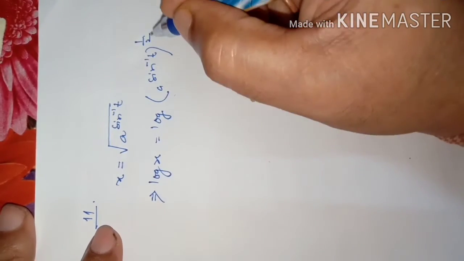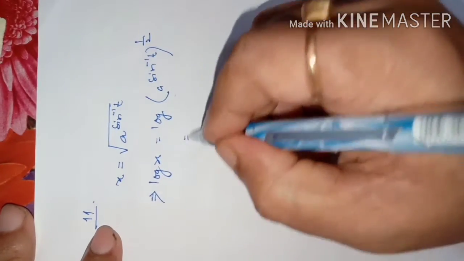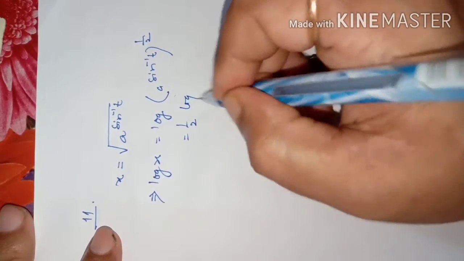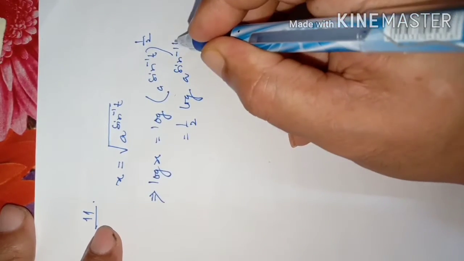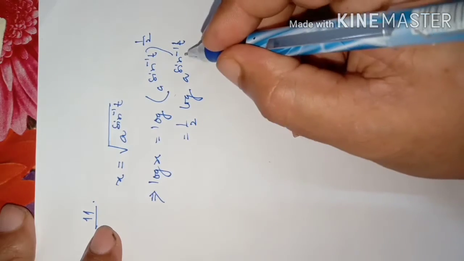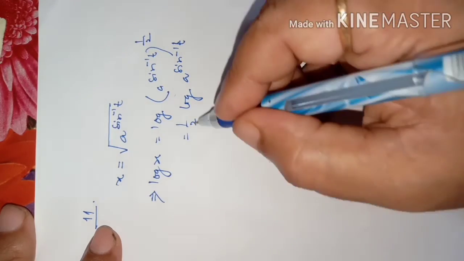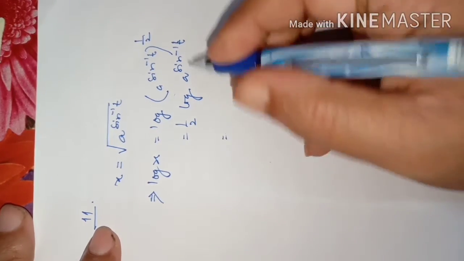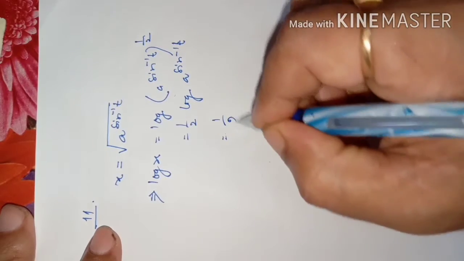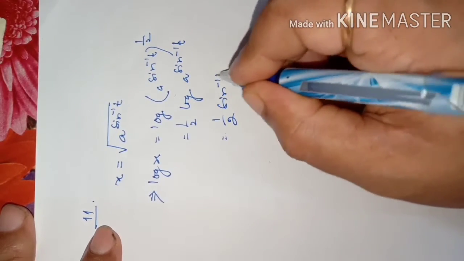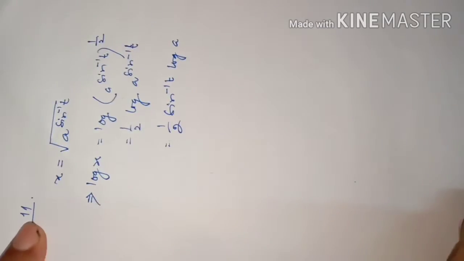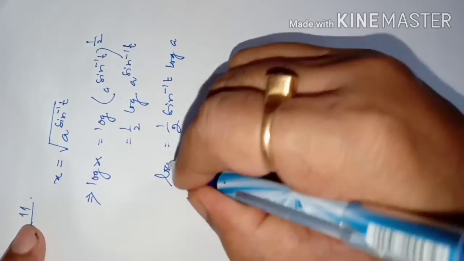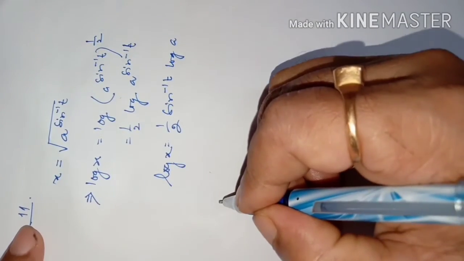Then this half will come sideways as a coefficient, log a raised to the power of sine inverse t. Again, sine inverse t is an exponent, so it will also come as a coefficient here. So it will be here half sine inverse t log a. This is log x.